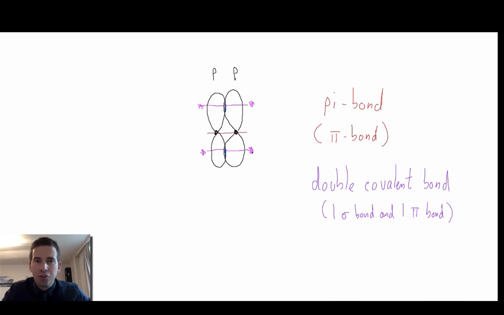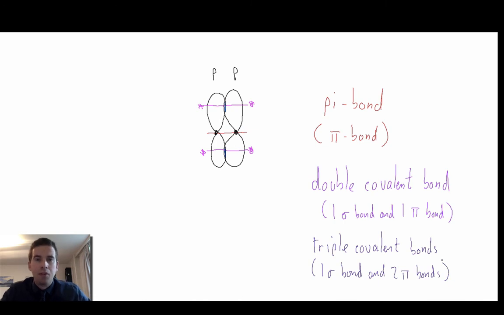So the pi bond is weaker than the sigma bond. Now we can also get triple bonds. We looked at the example of N2 in the previous video. Now a triple bond will contain one sigma bond and two pi bonds.